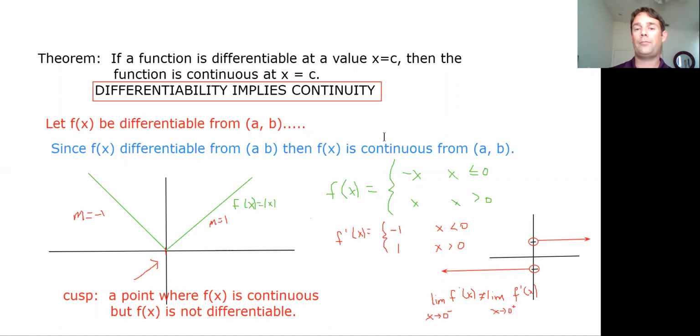In other words, if this was my derivative, if my derivative was an absolute value function, like this, not f of x, but if f prime of x was an absolute value function, I would have been able to say, okay, well, f of x is continuous.